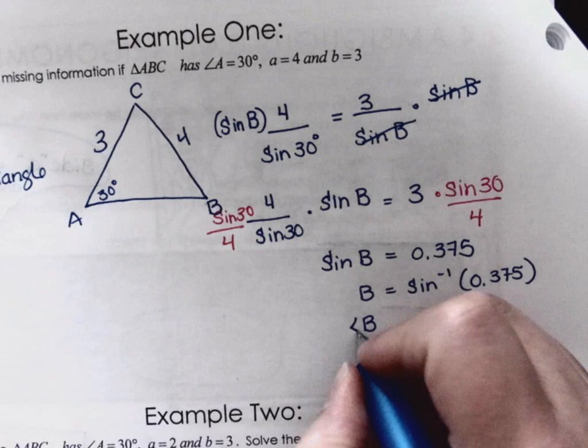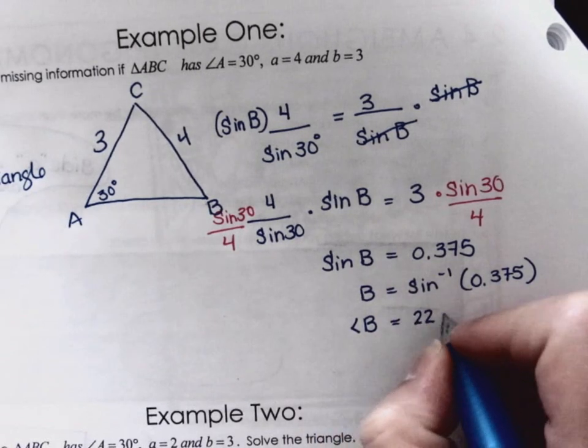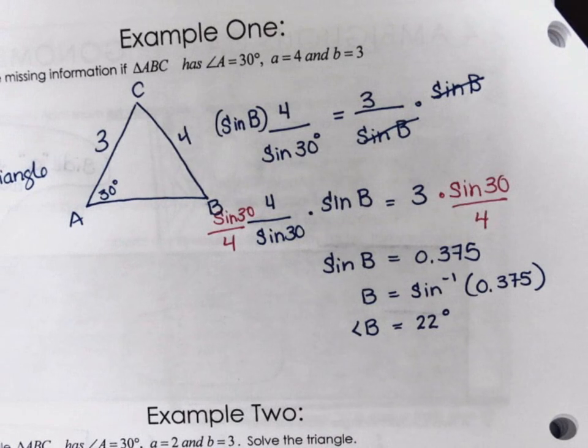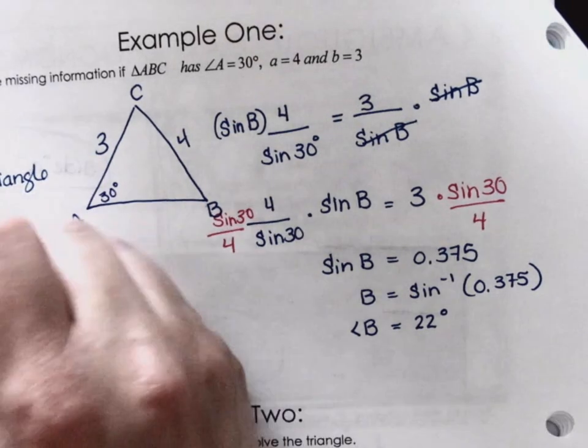So angle B is 22 degrees. We're going to round to the nearest whole degree. Okay, that's good. Now that I know angle B, what else do I know? Angle C. I do know angle C. How do I find angle C? Subtract both. So easy peasy.